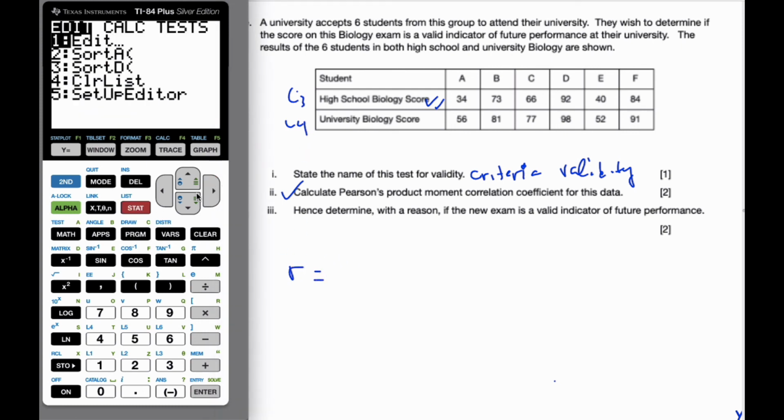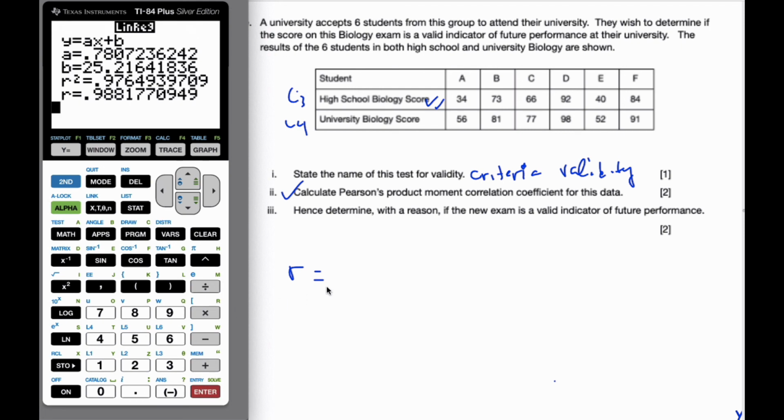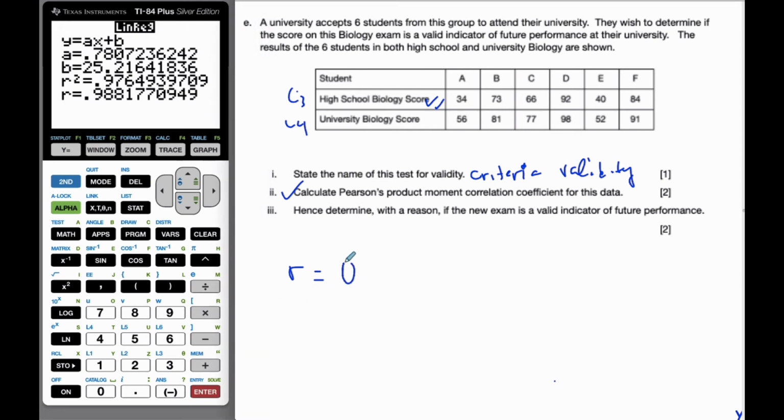And when I do my regression on L3 and L4, I get the R value is 0.988. Hence, determine with a reason if the new examination is a valid indicator of future performance.